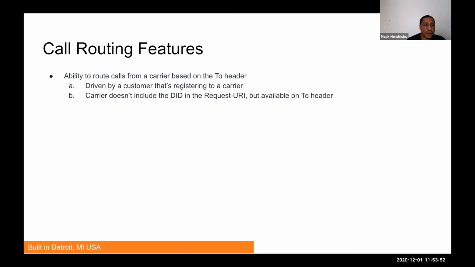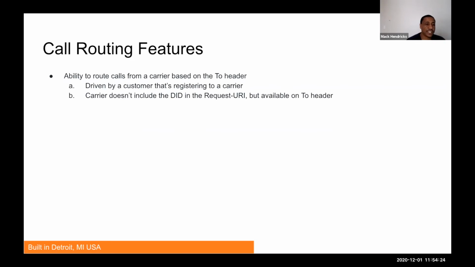And a lot of these carriers wanted dSIPRouter to register to them. We've been supporting the ability to register to carriers for a while. But what we found is that when these carriers wanted us to register, they wanted to send the call back down to the username that we sent for the registration.